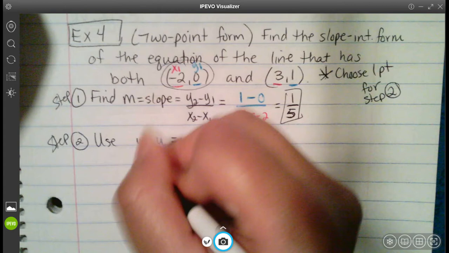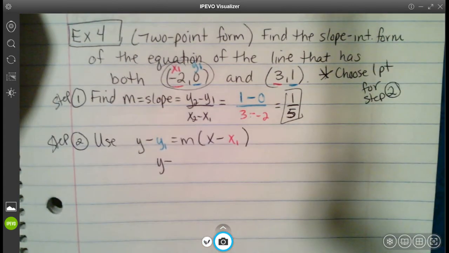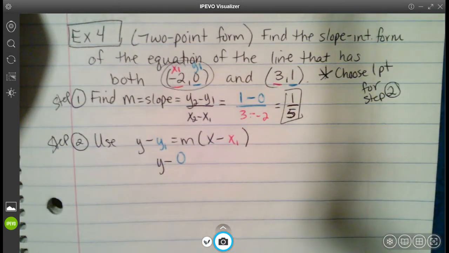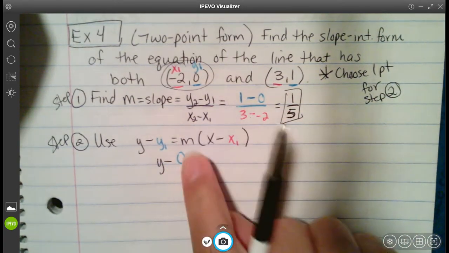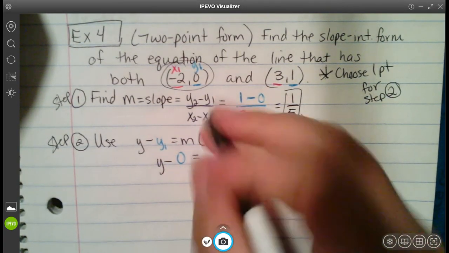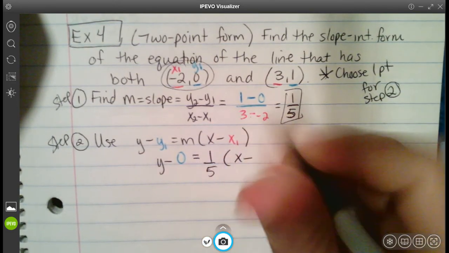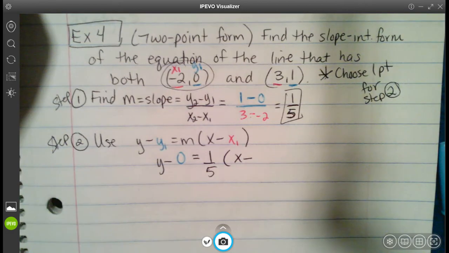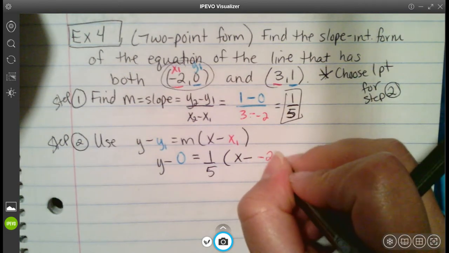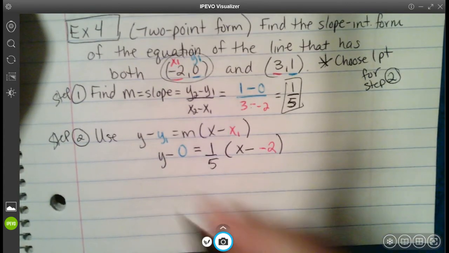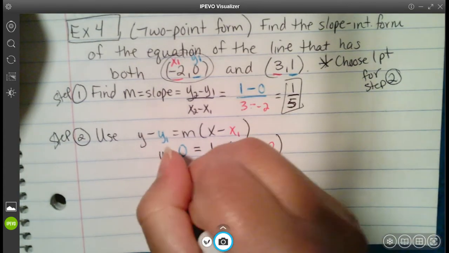So here we go. Y minus y1 is 0, so 0 equals my m, which is 1 over 5, times x minus -2. Okay, and now we're just going to simplify this. So y minus 0 stays the same.